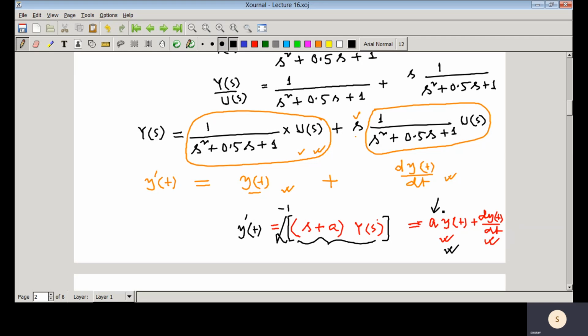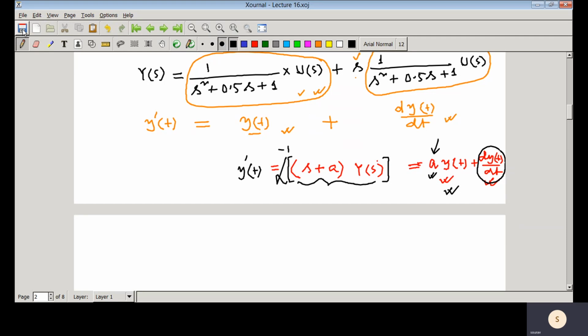This a is the 0. Now if a is very large, we can ignore the derivative term, and it would be just like a scaled version of the original response. But if a is small, that means the 0 you have placed is close to the origin, then it has a significant effect on the output response.